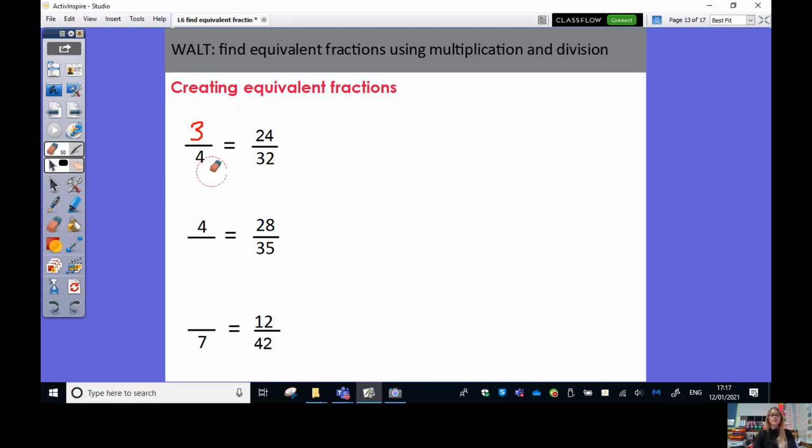Okay, let's try the next one together. So it's my denominator that's missing this time, but I can still use my numerator to help me. So again, I'm going to do 28 divided by 4. So how many 4s go into 28?